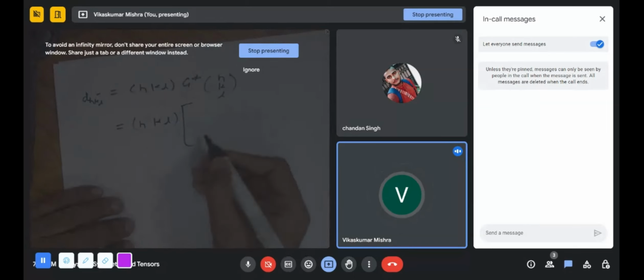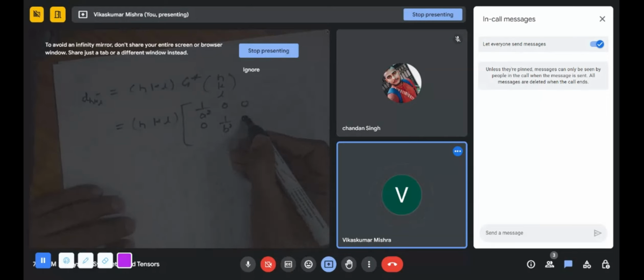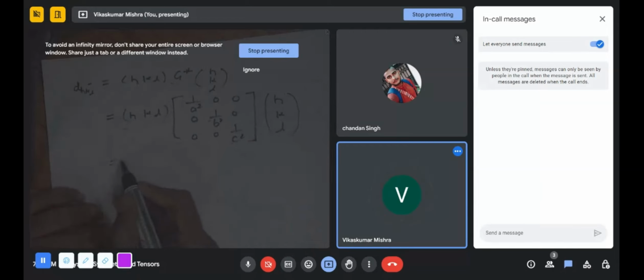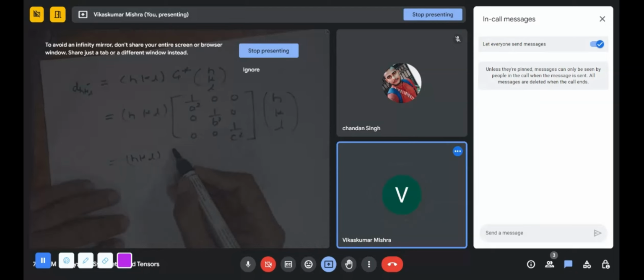G star was 1 upon a square, 1 upon b square, 1 upon c square. Again H, K and L over here. Simple multiplication. Let's multiply them. What we will get?